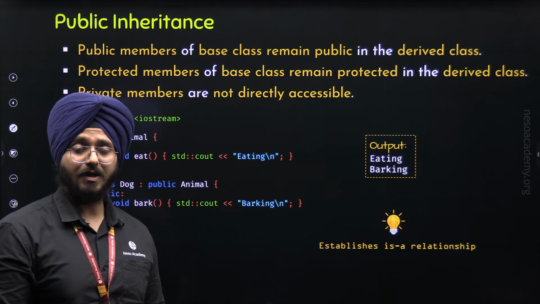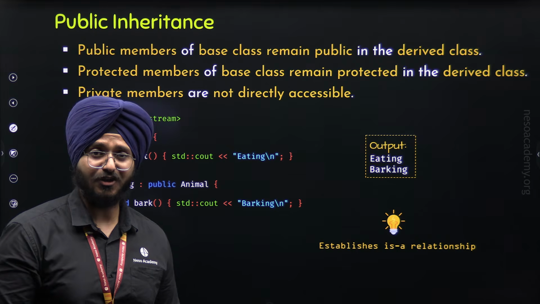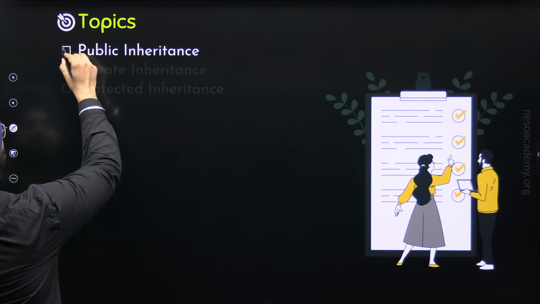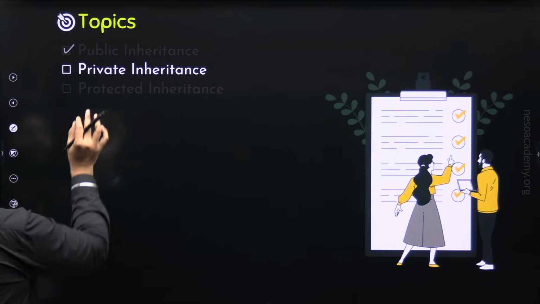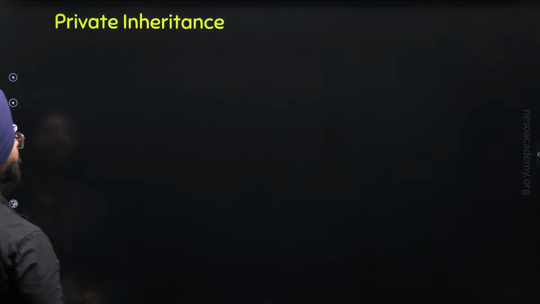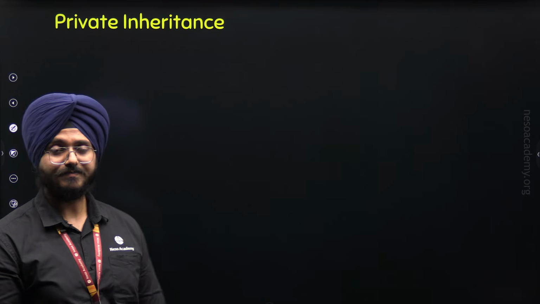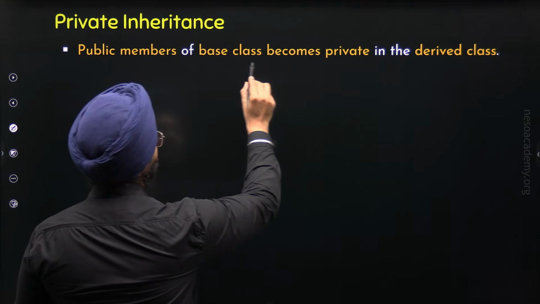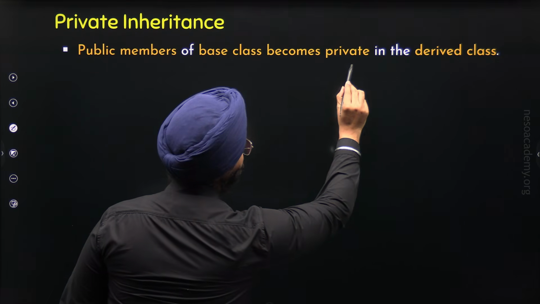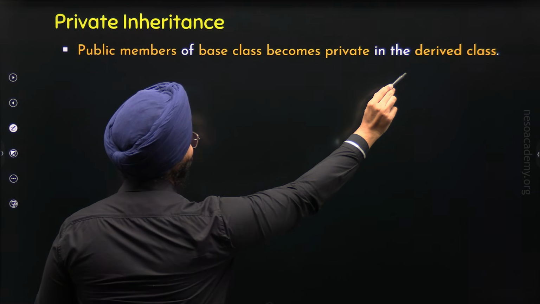So with this, we have properly understood public inheritance. Therefore, we are done with the first topic. Now let's move to the second topic, where we will understand private inheritance. Now, what is private inheritance? In private inheritance, public members of base class become private in the derived class.